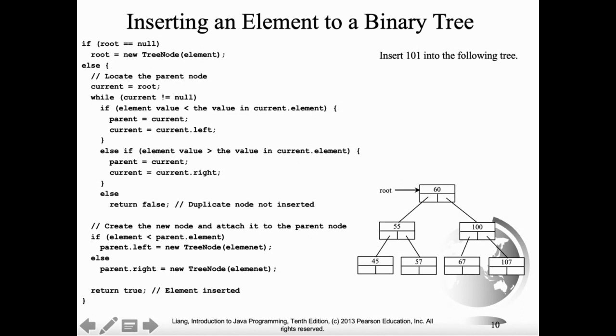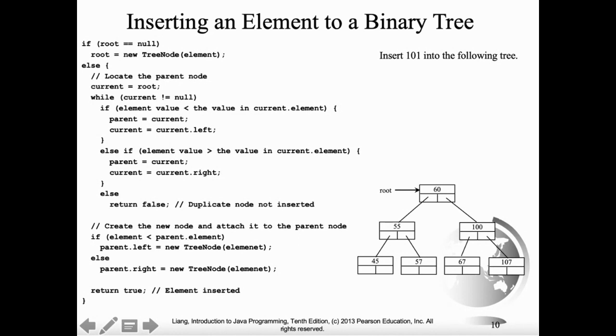Because we have the current. So when we're trying to add it, we need to check again. If the element is less than the parent, we go to the left side of it. Otherwise, we add it to the right side of it. So we're creating this new element, and we're adding it, and the entire thing comes back as true. That means we were able to successfully add it to the tree.